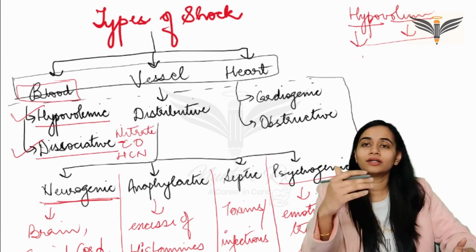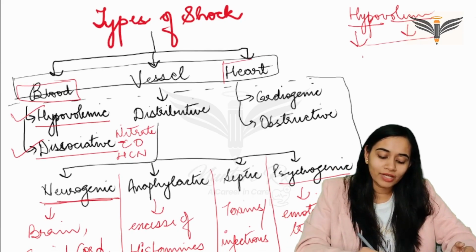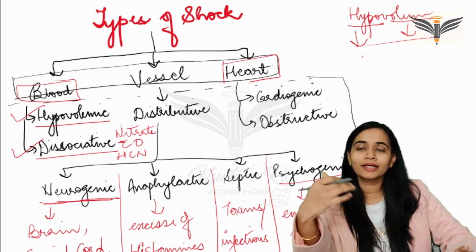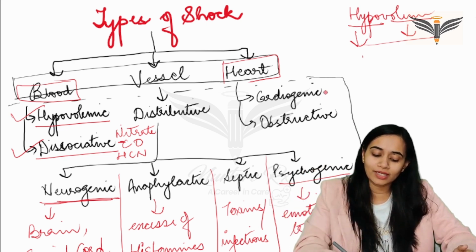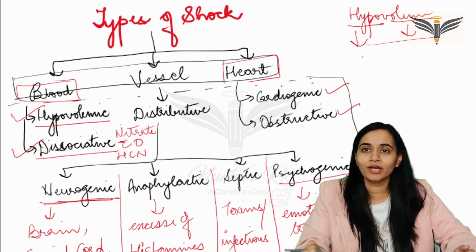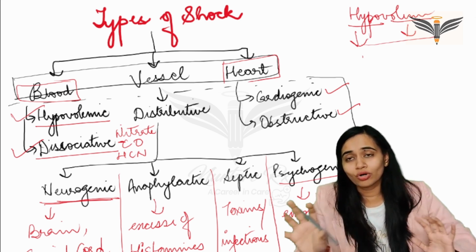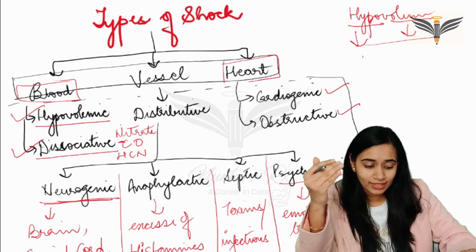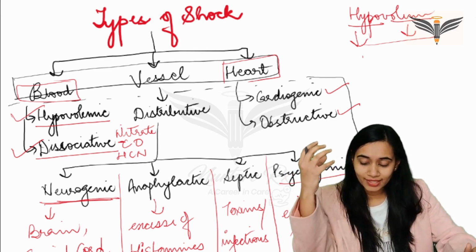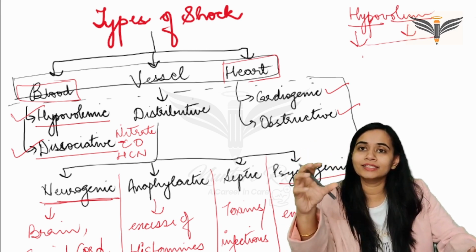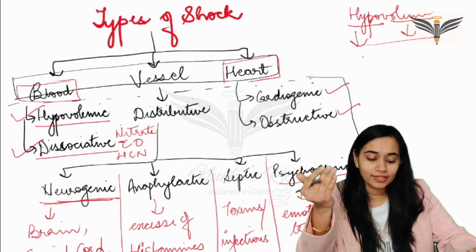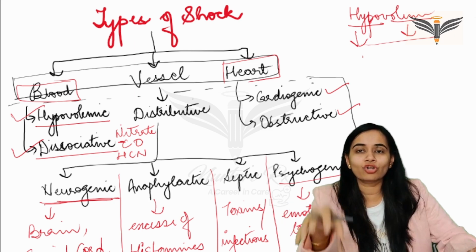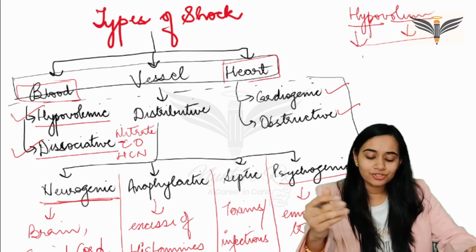Now coming to the next part. What is left? Heart. When the problem is in the heart itself. Now in heart there can be two issues. One is cardiogenic, the other is obstructive. Obviously your obstructive is also in your heart. But in cardiogenic shock, there is some disease of the heart where the heart transiently stops functioning.